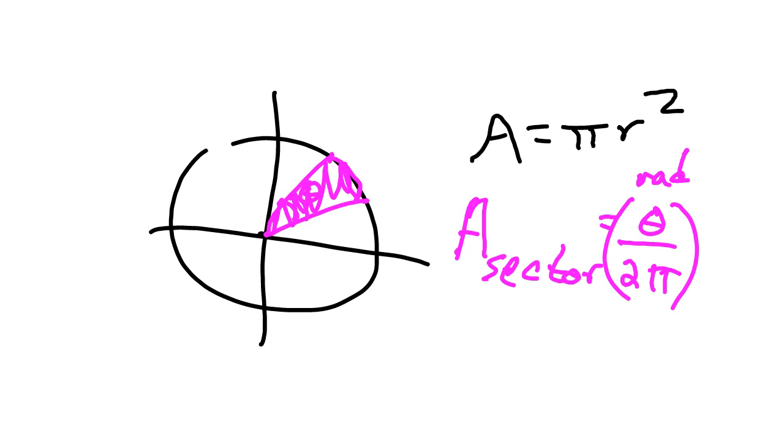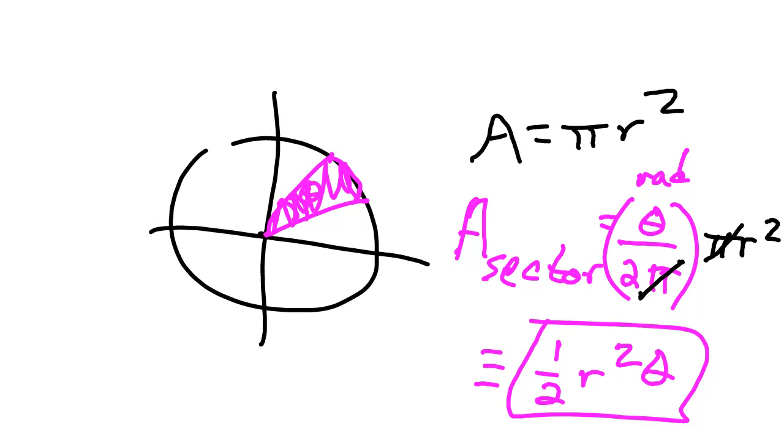The whole thing is 2 pi, so pi over 6 out of 2 pi is the proportion of the circle that we have, and the whole circle would be pi r squared, and we just want this part of it. What happens is the pi's cancel, and we end up with the area of a sector equal to 1/2 r squared theta. So do you remember that now?